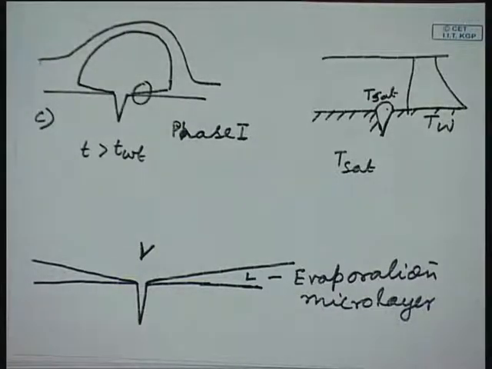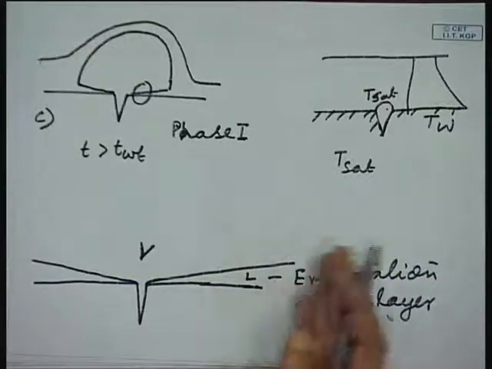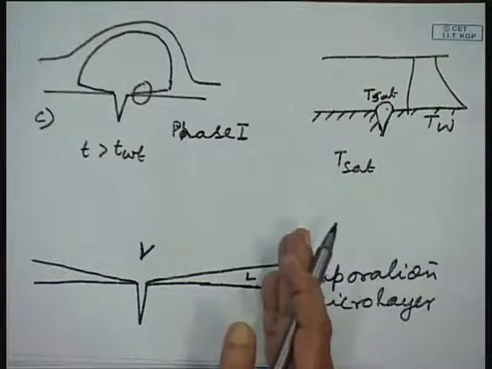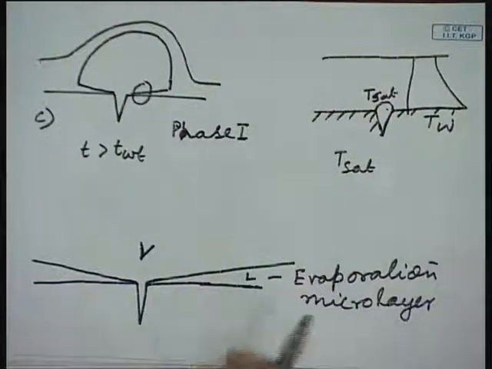Now, what you can understand is that if it is very thin, of course, even at the macroscopic level also it is very thin, then the heat transfer will be by conduction. By conduction analysis one can catch what is the amount of heat transfer.